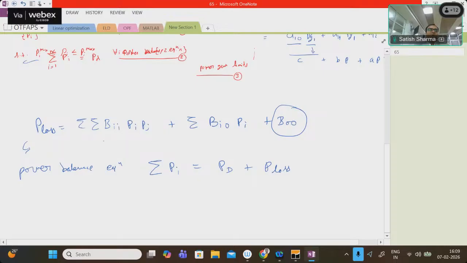Even if I look at this particular one, let's say all the power productions are 0. So all the PI and PJ, if they are 0, there are still some losses.